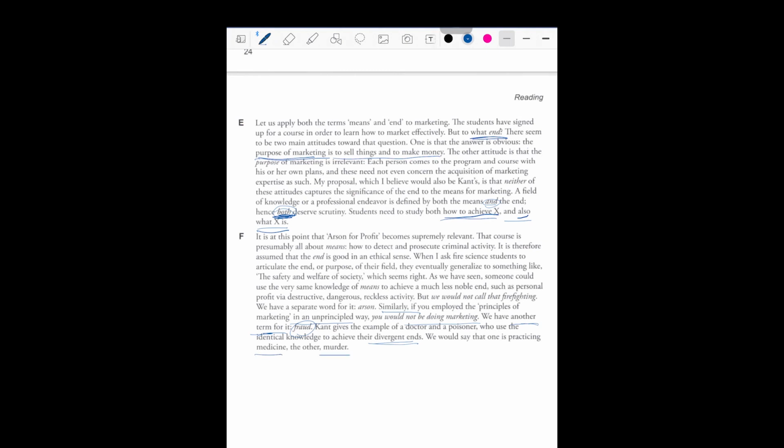Very interesting. So if you do marketing in a principled way, it's called marketing. And if you do it in an unprincipled way, it's called fraud. If you practice medicine in a principled way, you're a doctor.